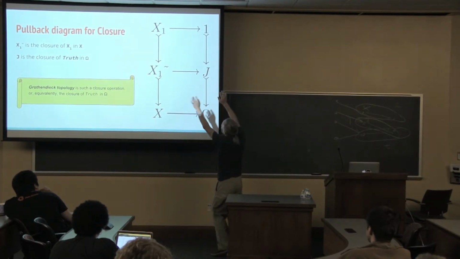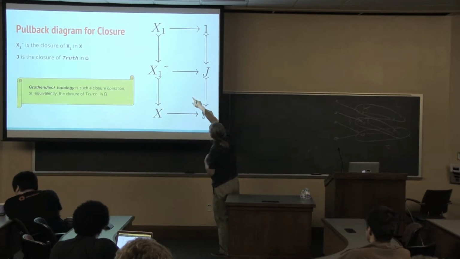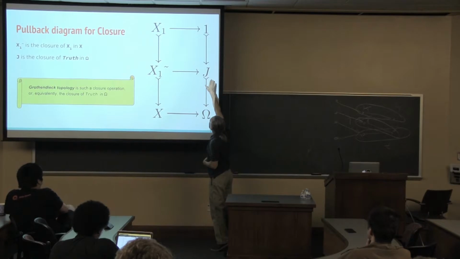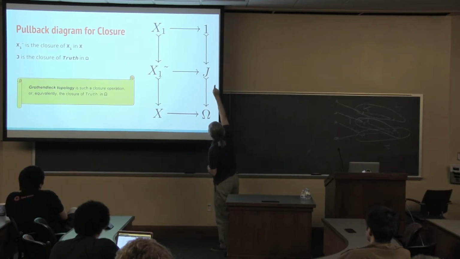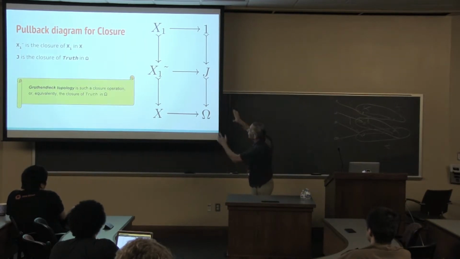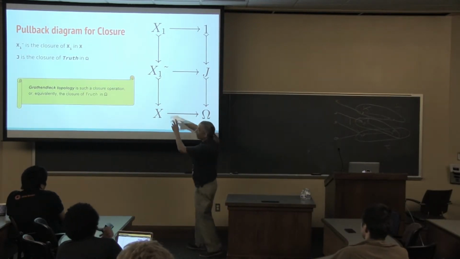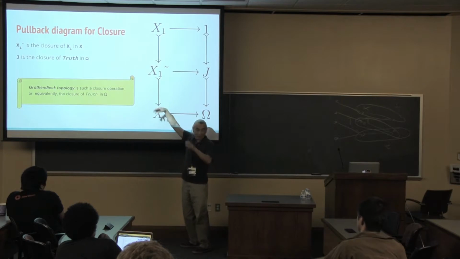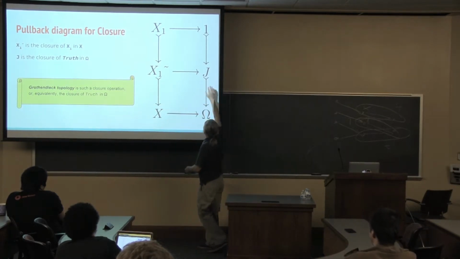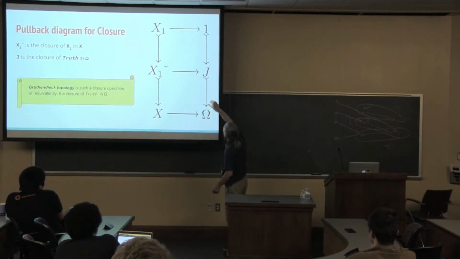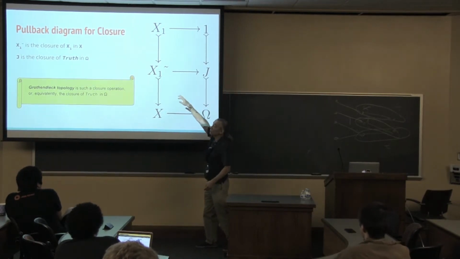But we can also look at this big picture and see that this closure can be built from the closure J, which is a closure of 1. So in this pullback diagram, we can either define closure on each object in a specific way, or only define it on the classifier omega, and then the others will be built.